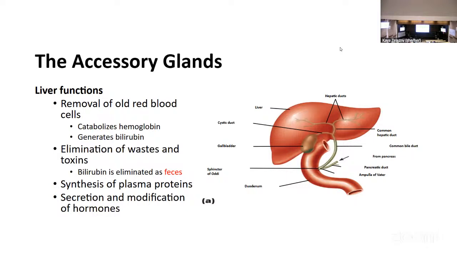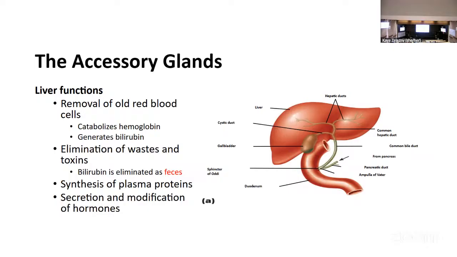Liver actually does a ton of stuff. So in addition to that, we want to remember that the liver was involved with our erythrocyte life cycle, right? So our life cycle of red blood cells. It was involved in that process where we're removing our old red blood cells.